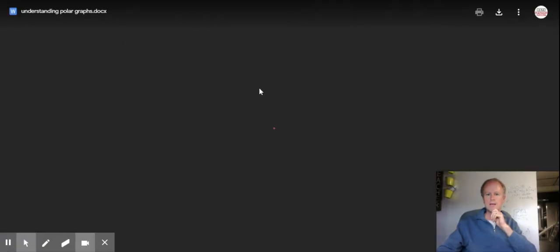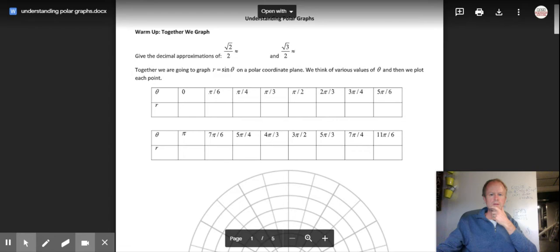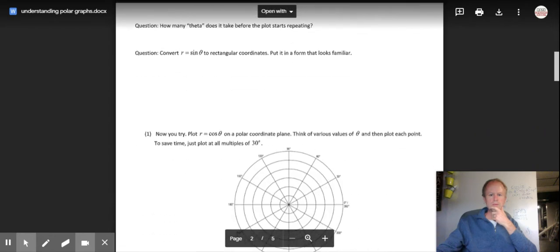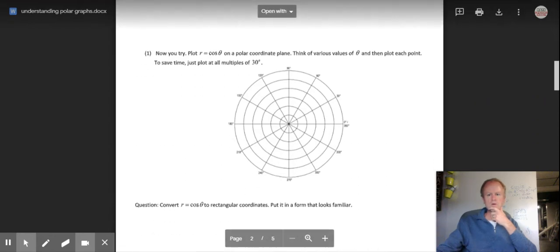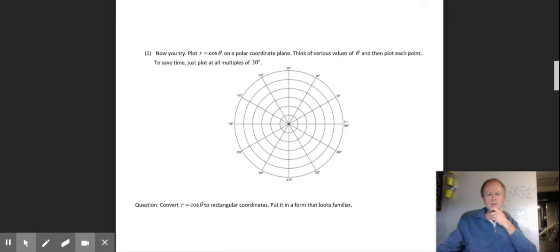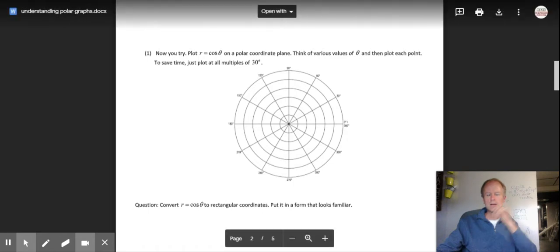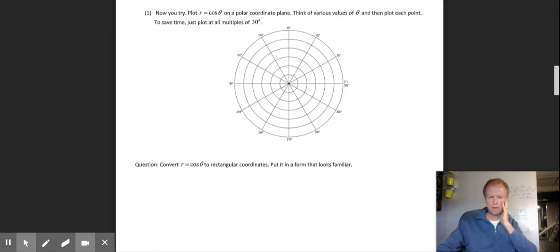On that handout, the next problem asks you to do the same with cosine. I'm going to just preview that a little bit, but same thing to start. You're going to multiply both sides by r to start there, and then you're going to have an equation you can easily convert into x's and y's.